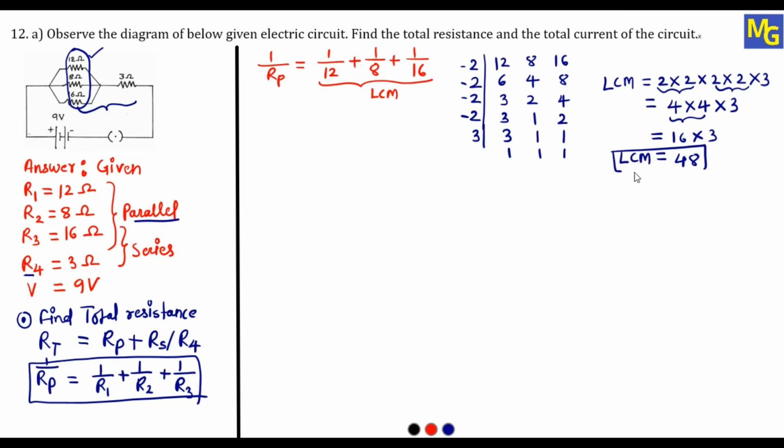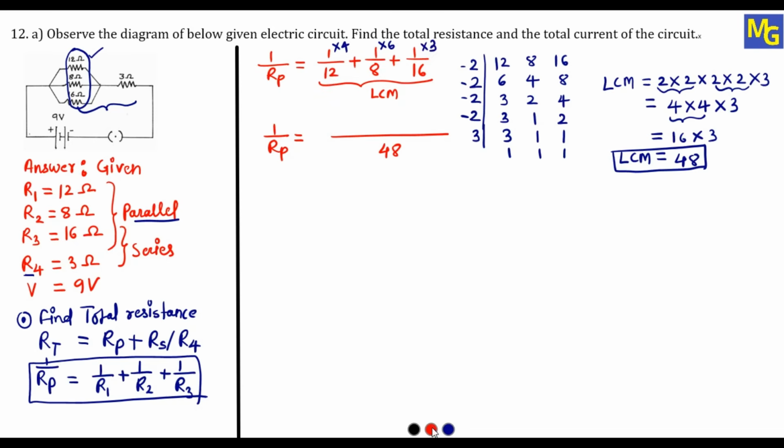Now substitute this LCM into our sum. 1 by RP is equals to, write down the LCM 48. Now you can see 12, how many times in 48? 12 ones are 12, 12 twos are 24, 12 threes are 36, 12 fours are 48. Then 8 sixes are 48, and 16 threes are 48.